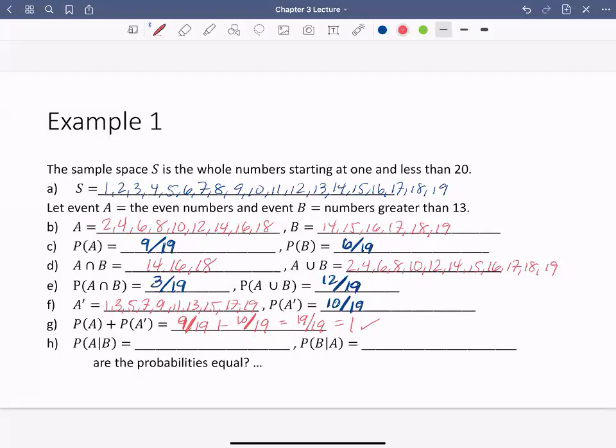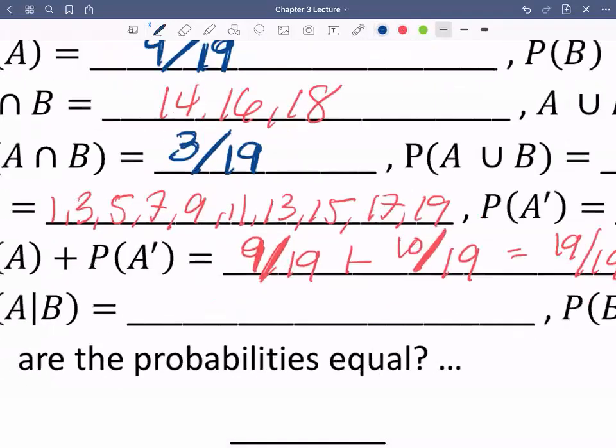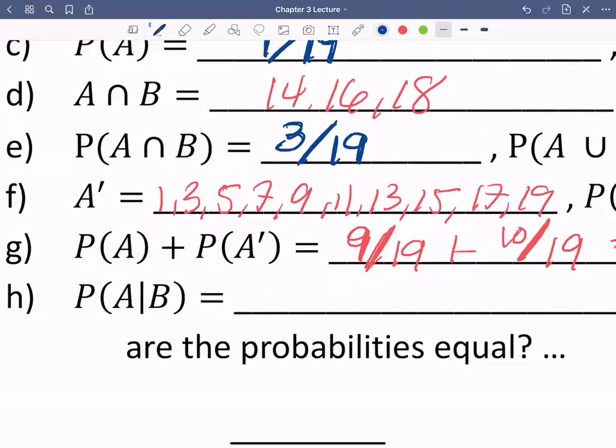So what's the probability of A and B happening? Well, I'm going to show you the better way of doing it. First off, the probability of A and B happening, all over the probability of B happening.